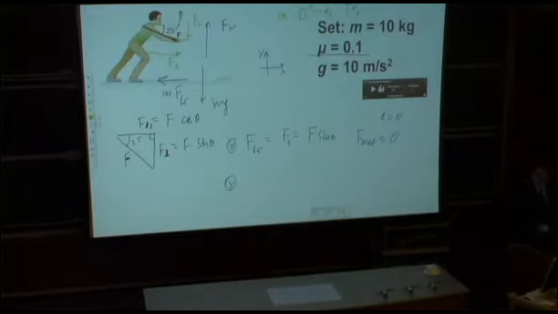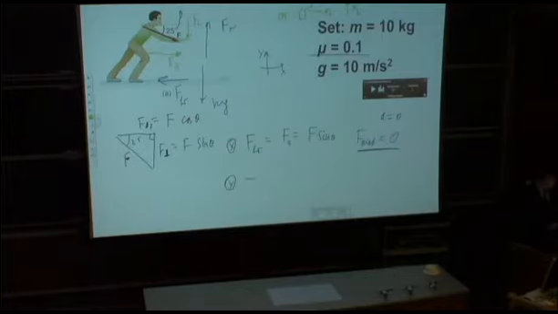Relative to the y-axis, relative to the vertical axis, vertical components, vertical forces. So what does it tell us? Well, we have three vertical forces. Gravity definitely points down. Well, this is how I want to write it. The sum of all components is equal to 0.